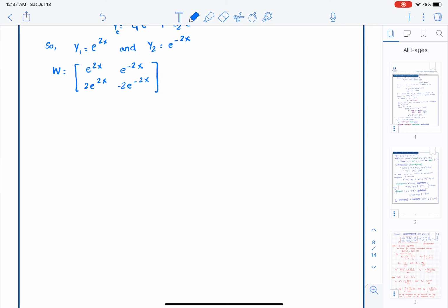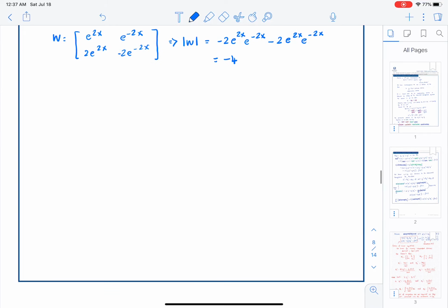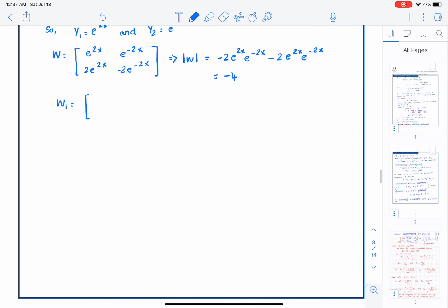So the determinant of w would be equal to negative 2 e raised 2x e raised minus 2x, negative 2 e raised 2x e raised minus 2x, which would give us negative 4. w1: 0, e raised 2x over x, e raised minus 2x, minus 2 e raised minus 2x, which would imply the determinant of w1 is e raised 2x e raised minus 2x divided by x.